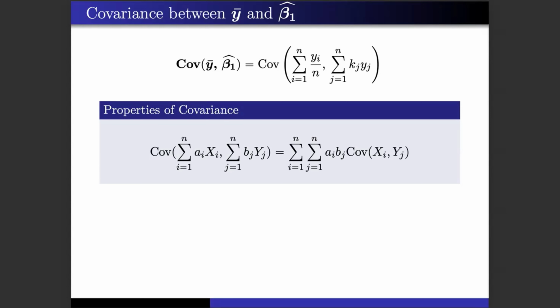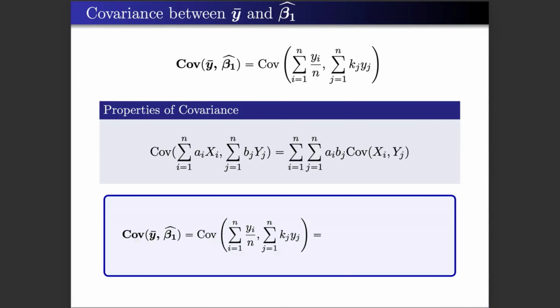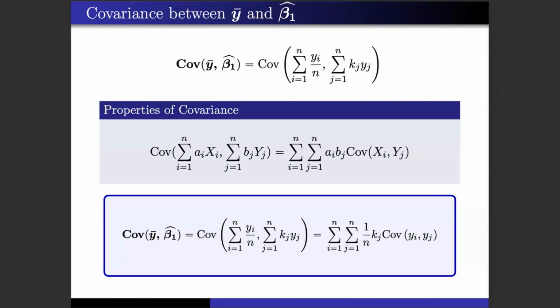We use this property and we get that covariance of summation yi divided by n, comma, summation kj yj would be equal to, we pull out summation from both the terms and we have summation over i, summation over j of 1 divided by n, because that's the ai we have in the first term, times kj, because kj is the bj we have from the second term. And then we will have covariance of yi, comma, yj.